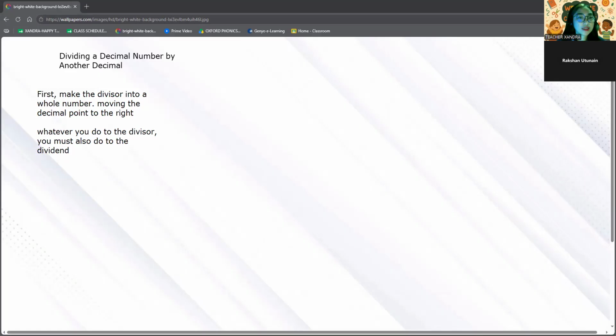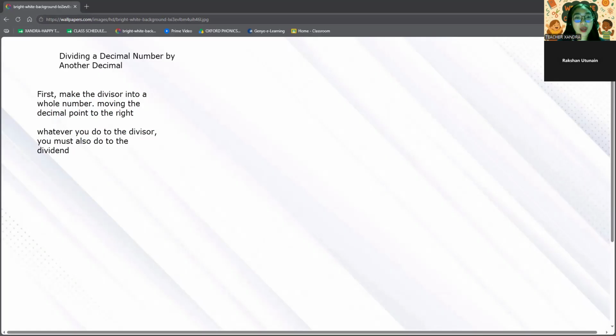So if you move the divisor 2 places to the right, you must also move the dividend 2 places to the right.